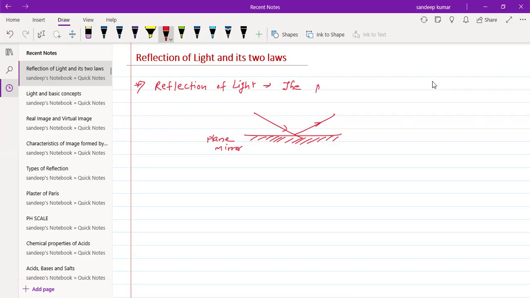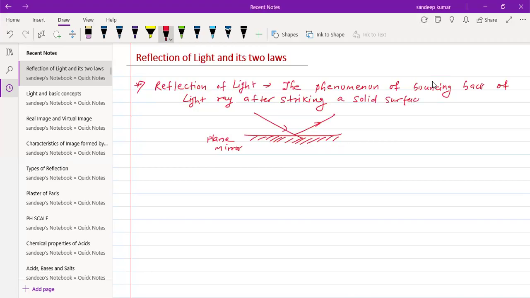The phenomenon of bouncing back of light rays after striking a solid surface is called reflection.